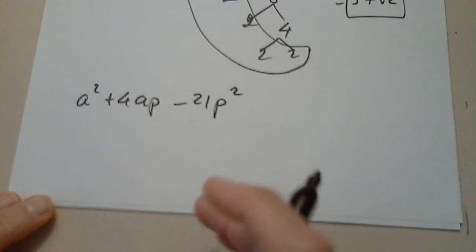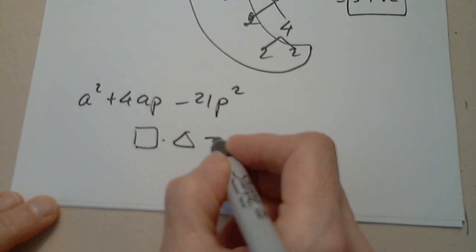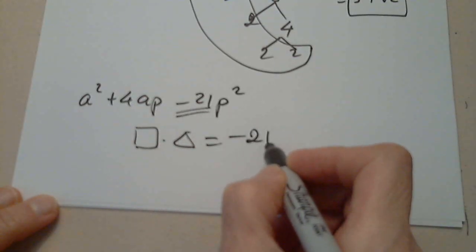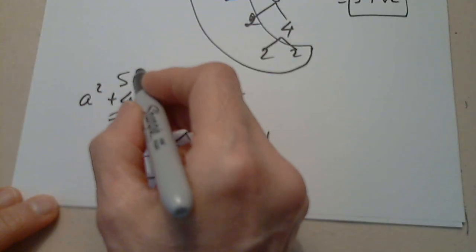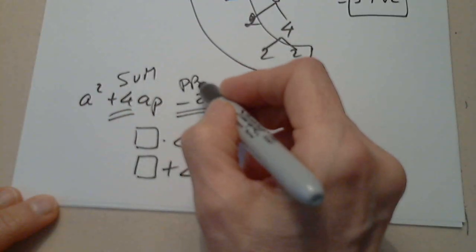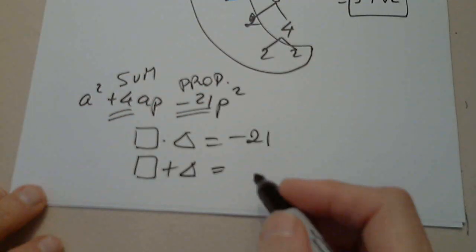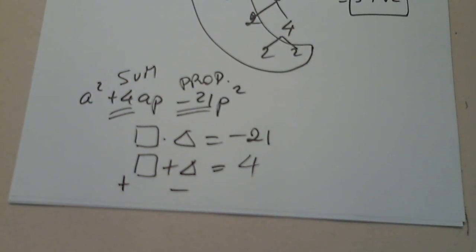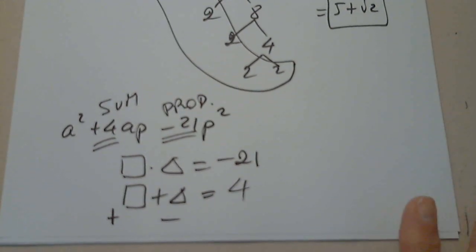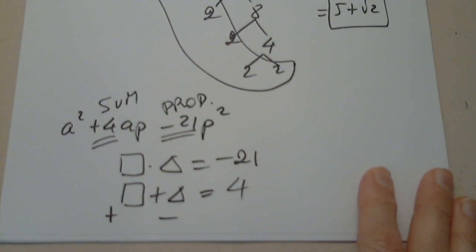So in that case, I have to find two numbers whose product is negative 21 and whose sum is 4. This is always the sum in this case, and this is always the product. So because the product is negative, I need the positive and the negative. If it's factorable, I will be able to find two numbers that fulfill both conditions.